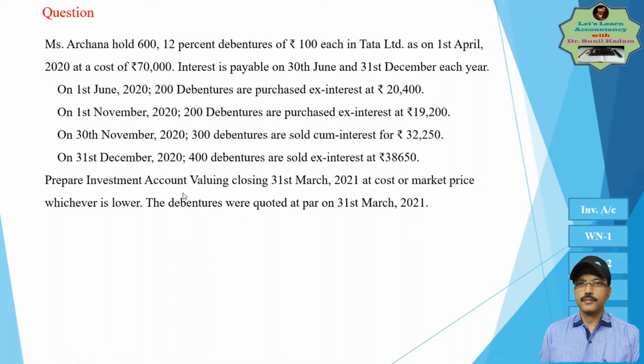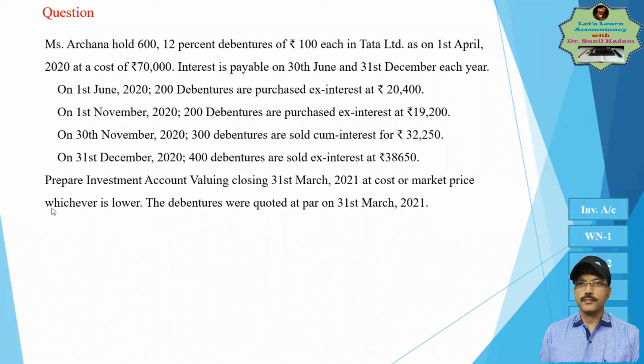In the last sentence, it is told that the closing balance of the investment account has to be considered with AS 13. What does AS 13 say? AS 13 says that if there is any current investment whose carry forward amount is being calculated, we have to take either cost price or market price, whichever is lower.